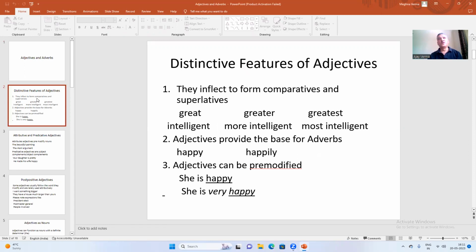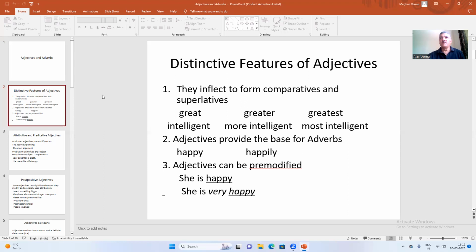So, adjectives, as you all know, are words which add to the meaning of the nouns. It is a very important category in English grammar, a very important class of words in grammar.